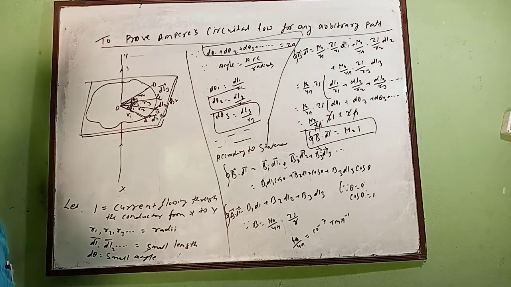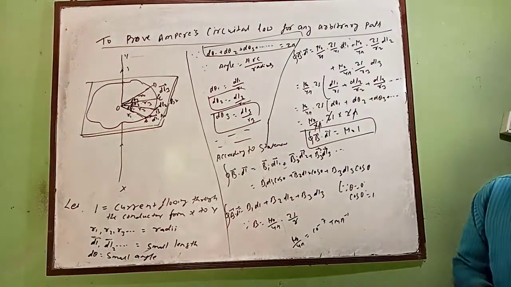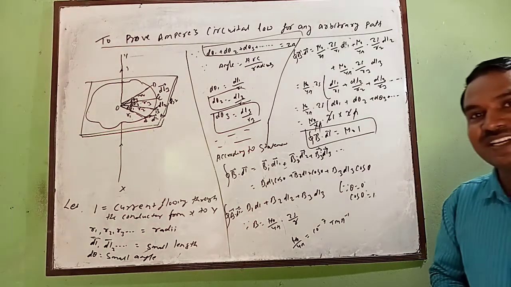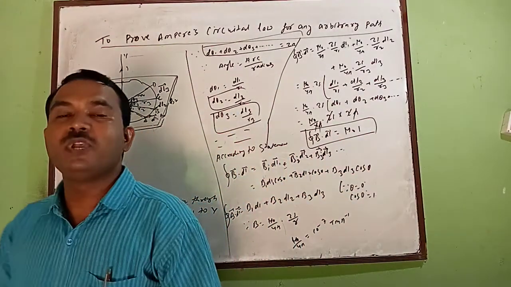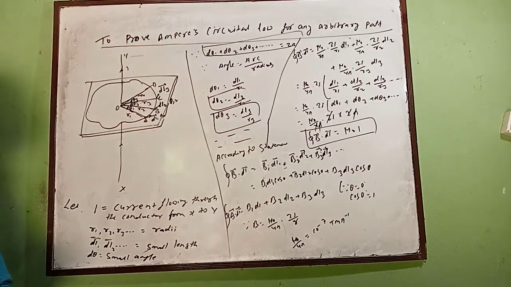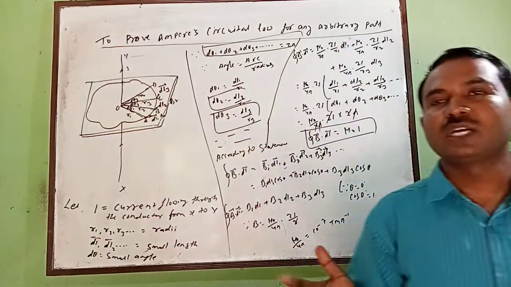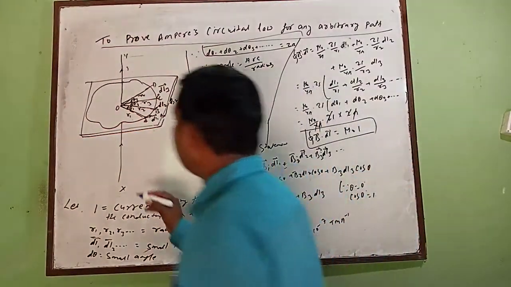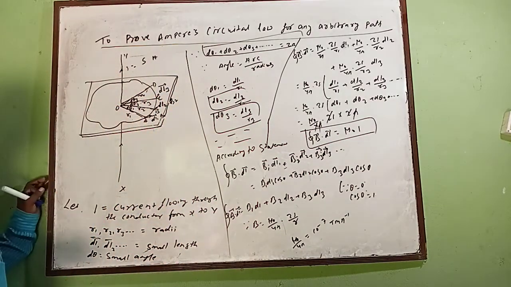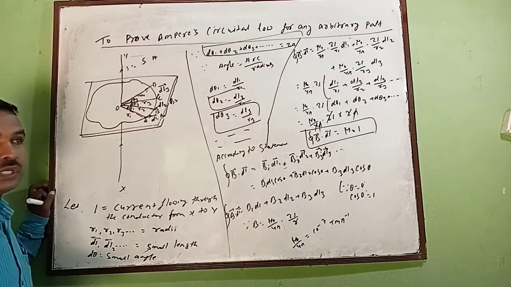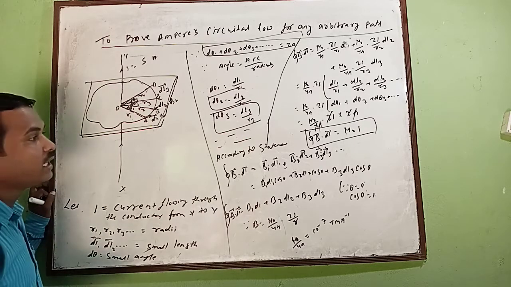I think you should write these questions related to your statements, and you can solve the numericals related to Ampere circuital law. We will try to give some examples according to your questions, how we can find the magnetic field whenever current flows through the conductor. Simple thing: suppose you have a conductor with 5 ampere, 10 ampere. Suppose I is equal to 5 ampere current flowing through the conductor, and you have to calculate the magnetic field.